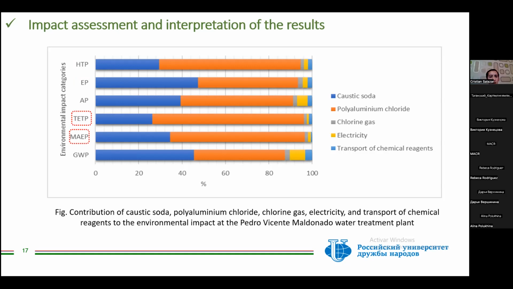About 98% of the total amount of terrestrial ecotoxicity potential and marine aquatic ecotoxicity potential is accounted for by coagulation flocculation, and about 87% of the total amount of global warming potential is accounted for by the coagulation flocculation process.